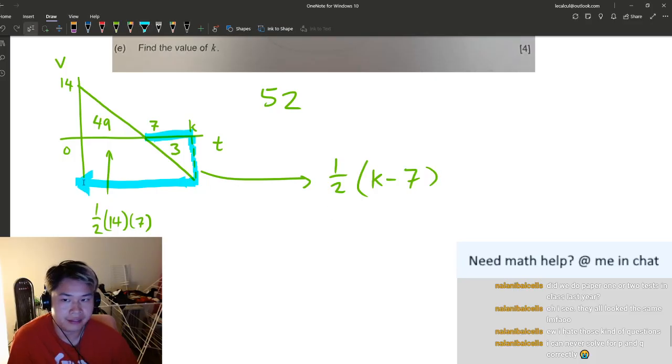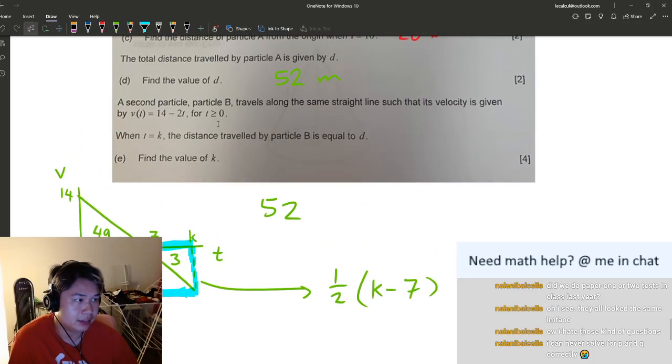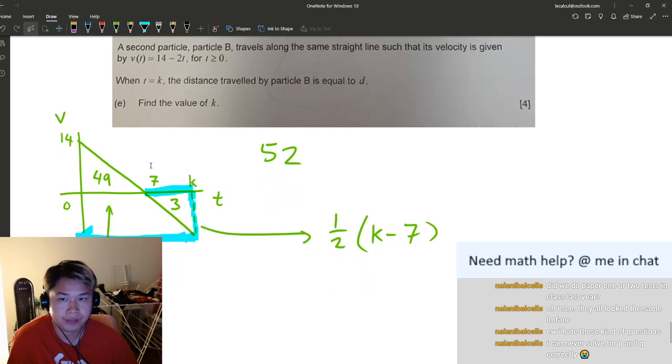The height is just the y value of the function when it's equal to k. In other words, we plug in k here. So 14 minus 2 times k. I just plug in k here, and this will give me the y value.